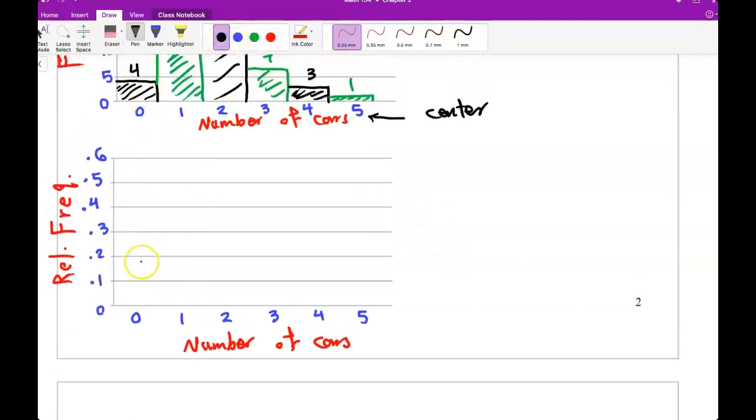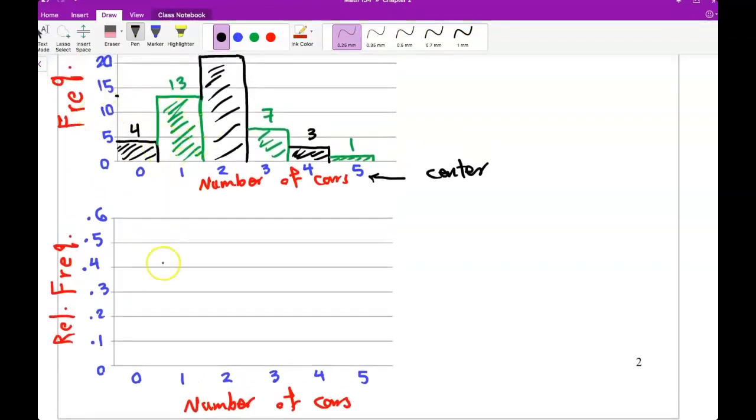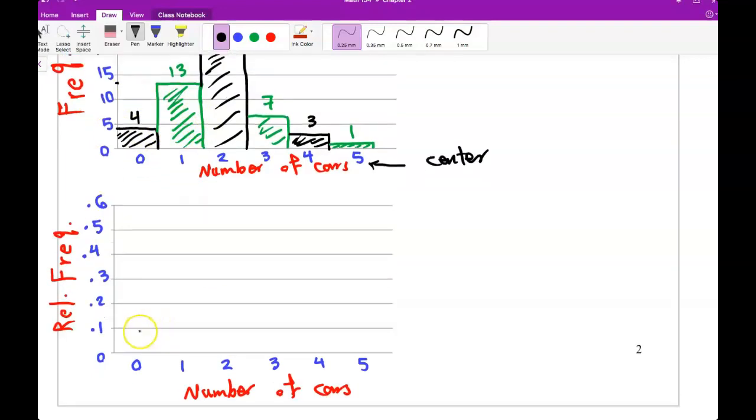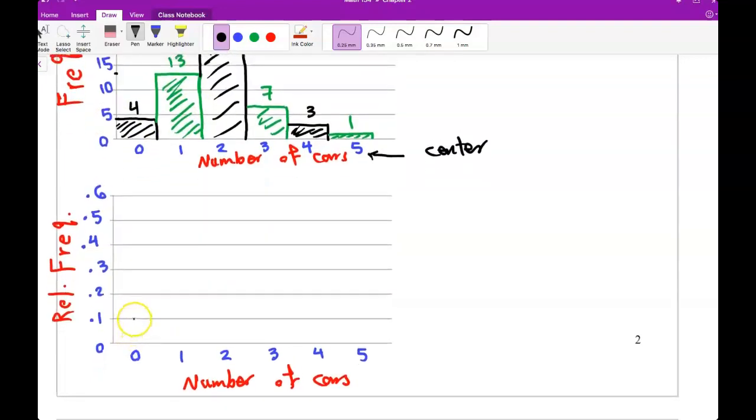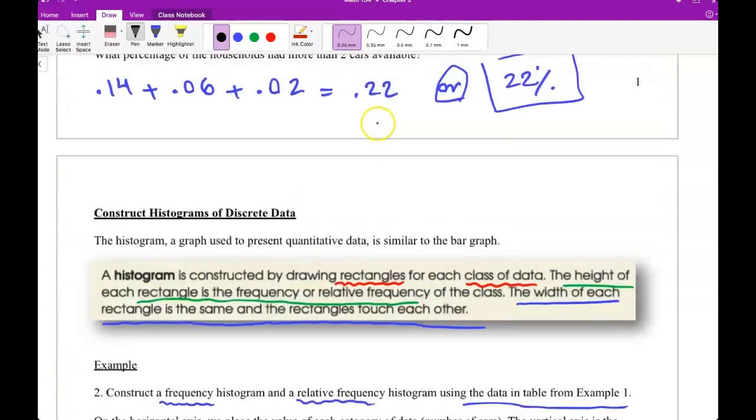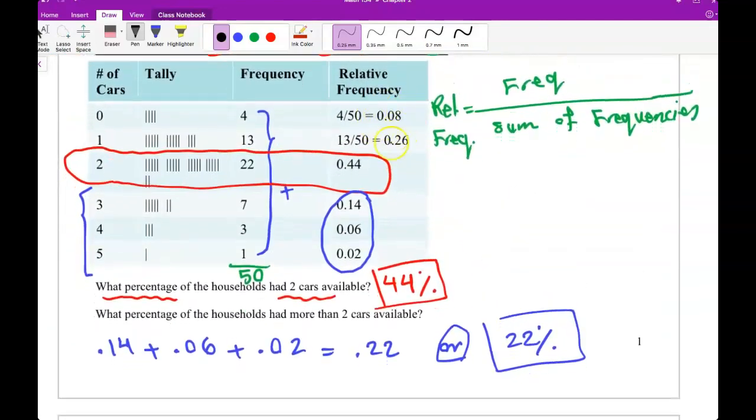Okay, I use same colors that I had here on this part. We should have exactly same shape. So for the first one, we have 8% is here.